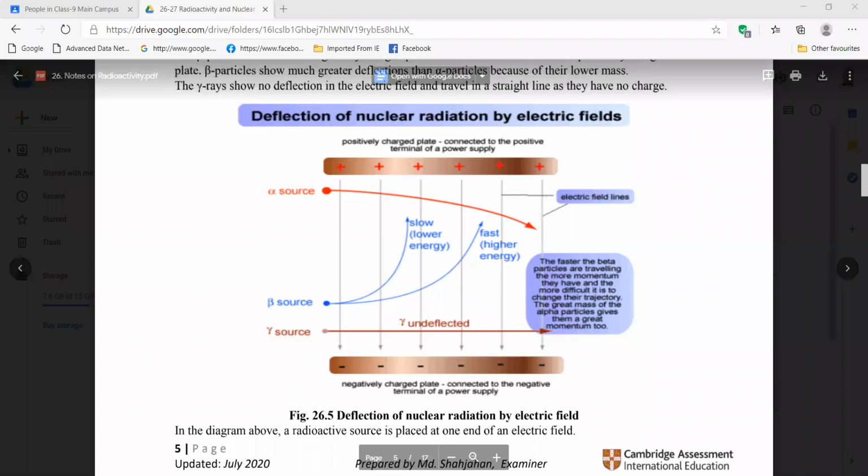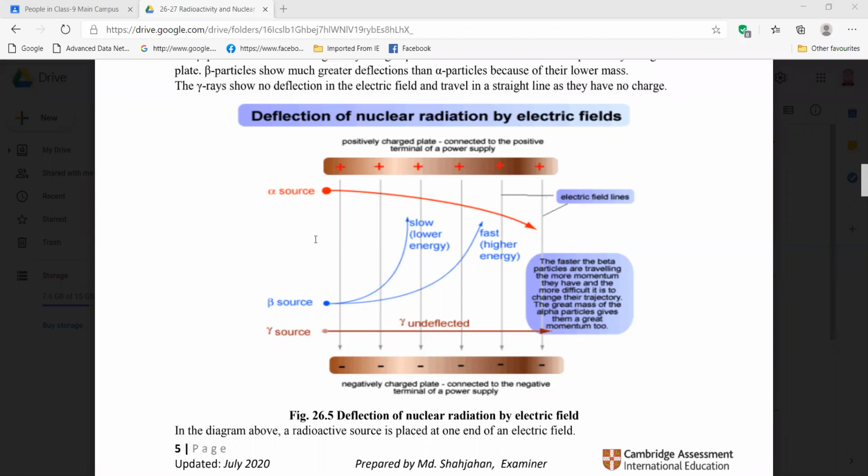So this one, can you sum up now about alpha, beta, and gamma, how they are behaving in an electric field? Yes, sir. Since alpha has a positive charge and is heavier, it goes towards the negative side with a low gradient curve.